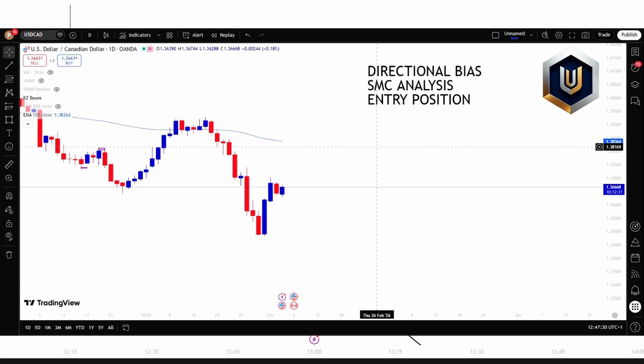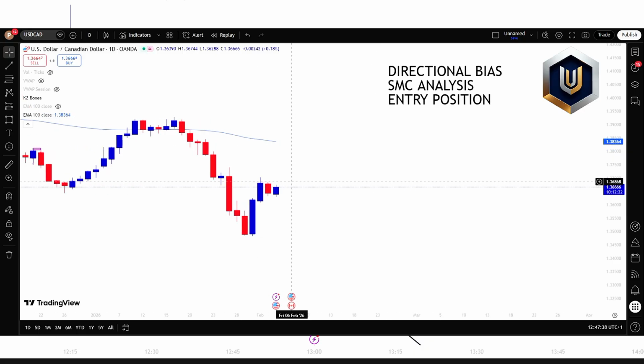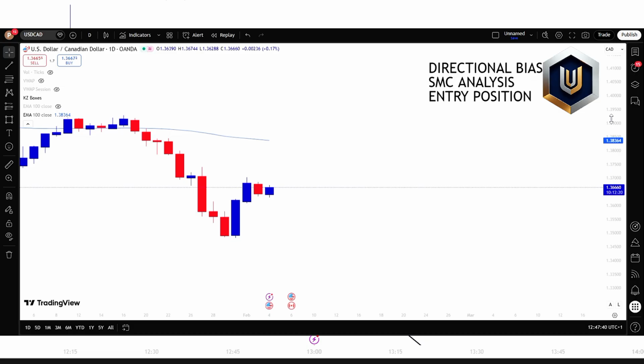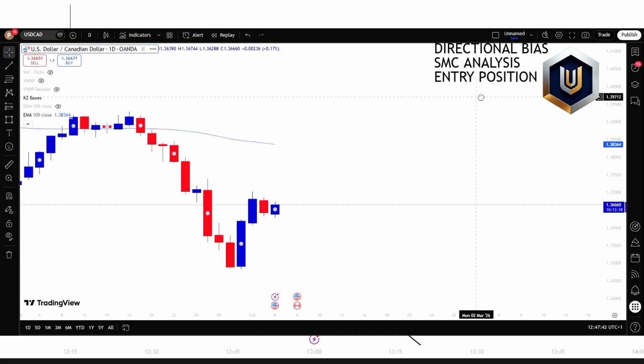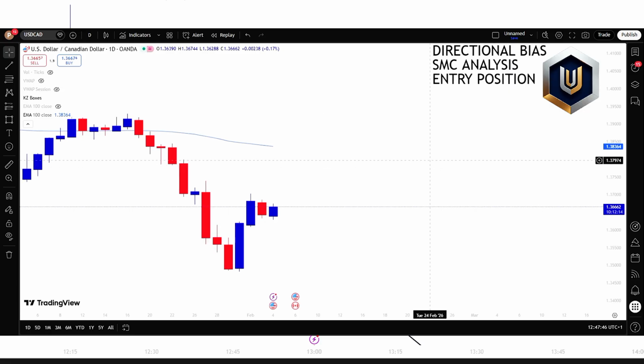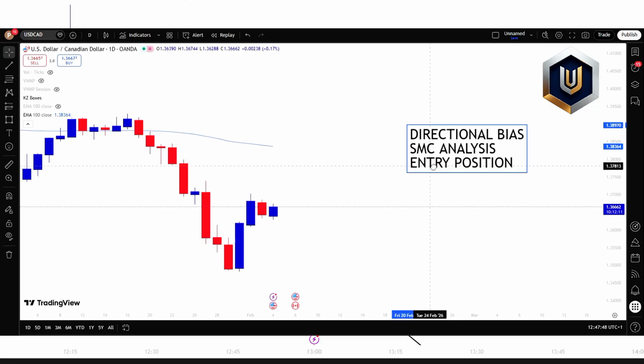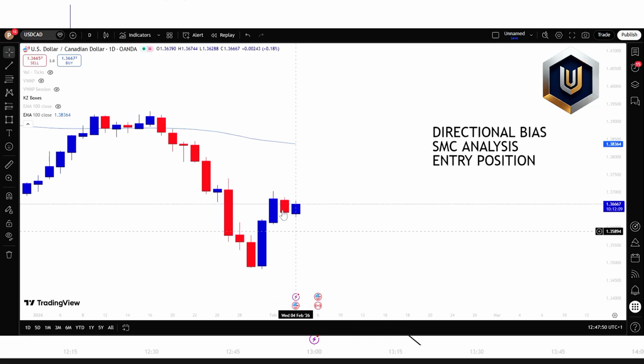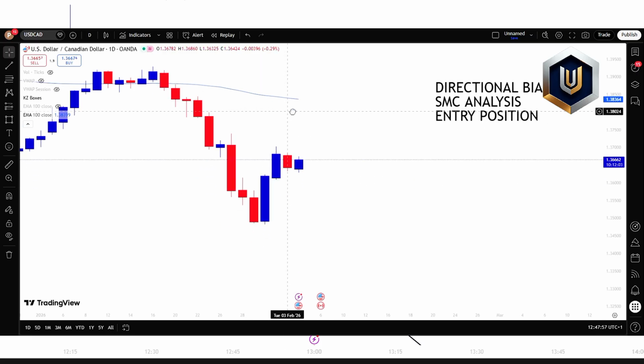So for this, if you watch on the daily time frame, we're having this kind of candlestick, as you can see right here. And from this, it is a clear indication that the market is actually consolidating. Are we together now? Because you've seen that there was a big downward pull.